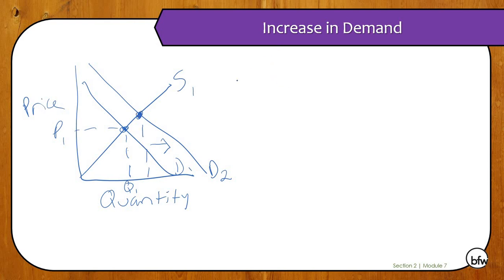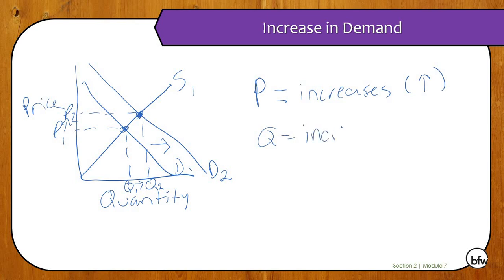All right, so an increase in demand is going to lead to an increase in quantity, as we saw right there. And it's also going to lead to an increase in the price as well. So we would say price increases. All right, and for the rest of this, I'm just going to draw an up arrow to demonstrate that. And quantity also will increase.